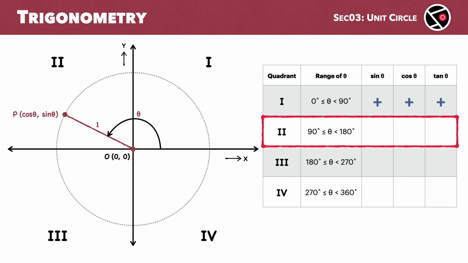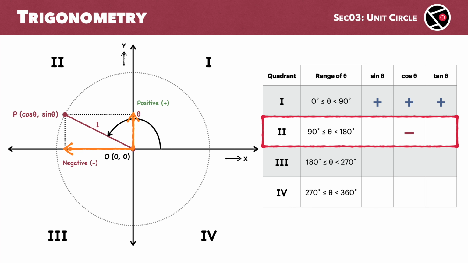Alright, here is the explanation. For point P in the second quadrant, the x-coordinate is negative. The x-coordinate is cos theta, and this means cos theta will be negative. However, the y-coordinate is positive because we are above the origin in the y direction.